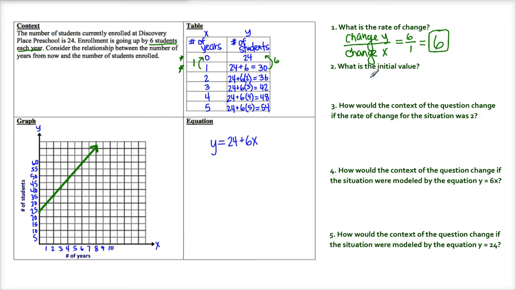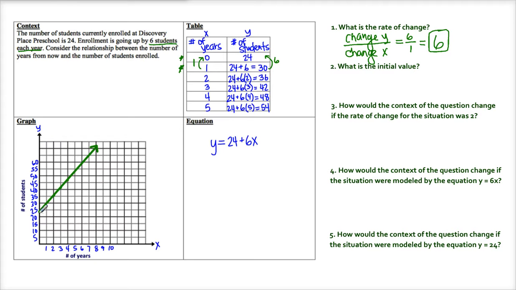Okay, the second question is, what is the initial value? Initial value just means my beginning point. Now I've showed you how to find it from each of the representations, but my favorite way is by finding it on the graph. Because on my graph, I'm just going to go down and find out where the line starts on the y-axis.